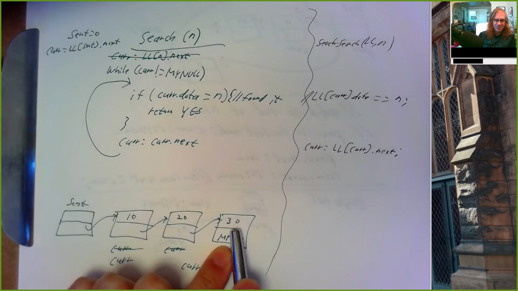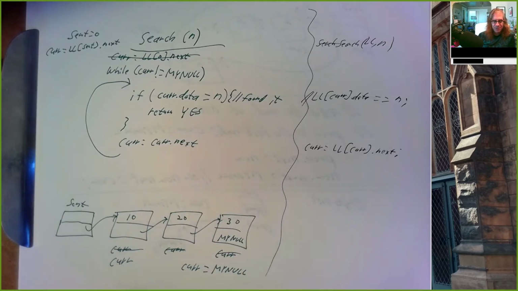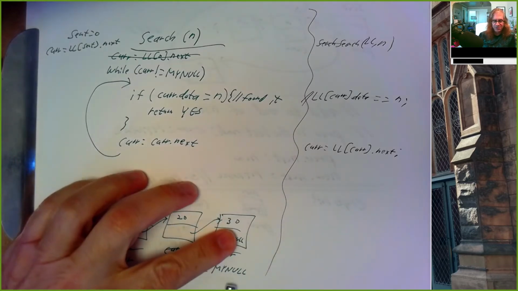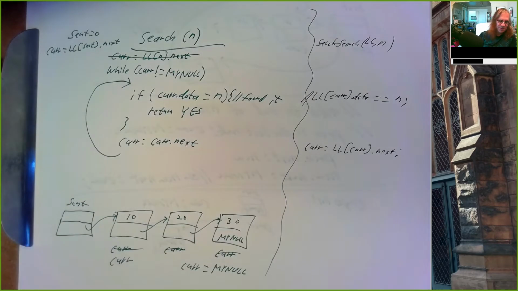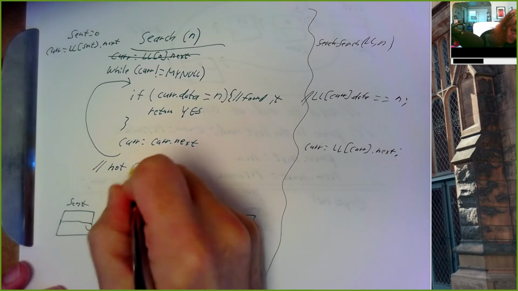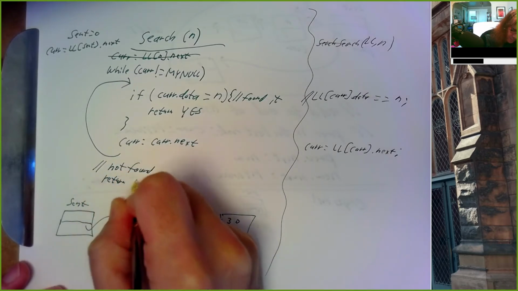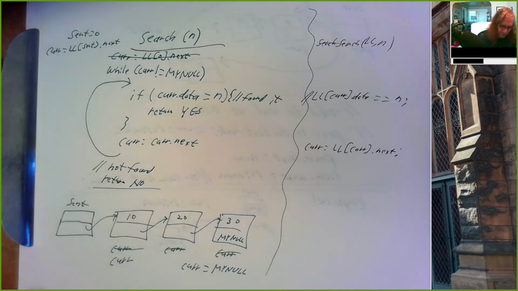It'll check the data, see if that matches n. It does. We're still good. If we run out of nodes, that was the case we started with, current will change to my null. We'll kick out of our loop. If we come out of our loop, then our data is not found. So we just say no.